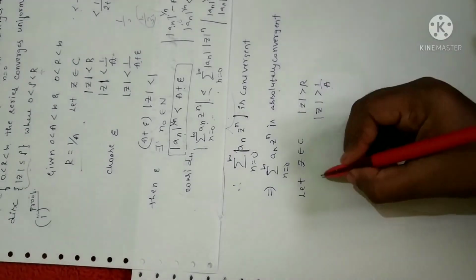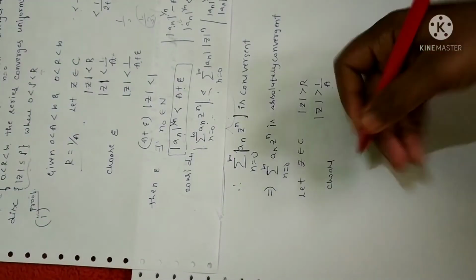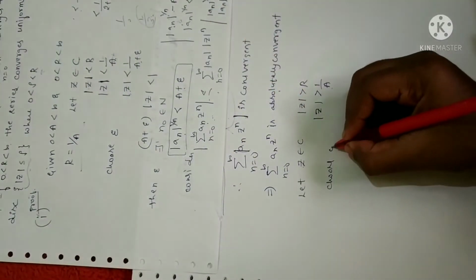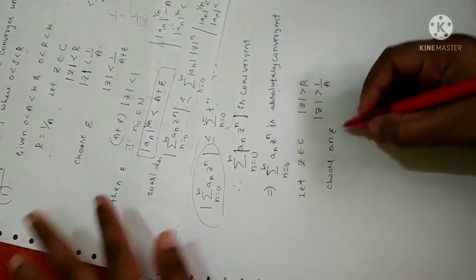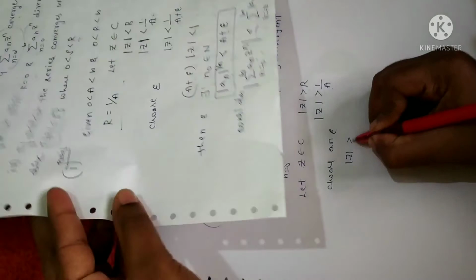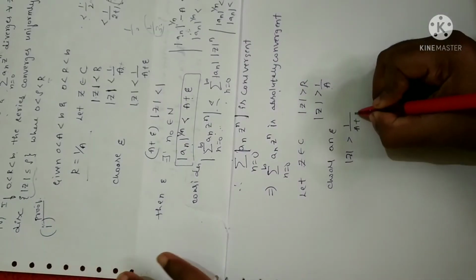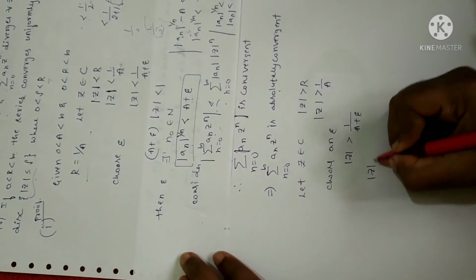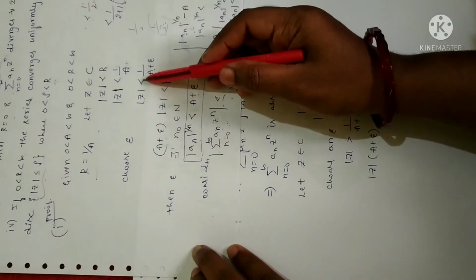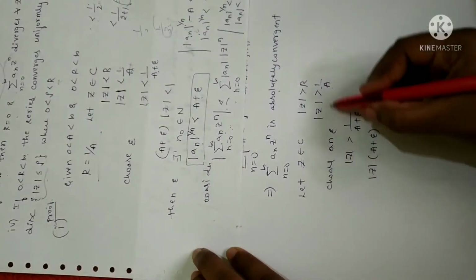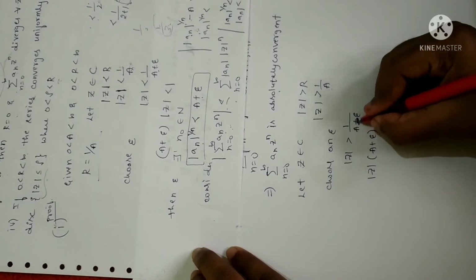Now similarly, whatever I have done in the concept, I am repeating the same. Now let me choose an arbitrary value epsilon. That is what I have done here also. So if that was the case, I can write mod z is greater than 1 by (a plus epsilon). Now cross multiplication will give you a plus epsilon. I'm sorry, when it is less than, you add epsilon. So when I am taking greater than, that is reverse, so you have to subtract it.